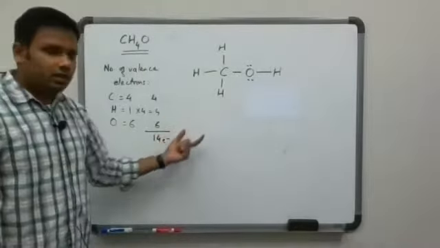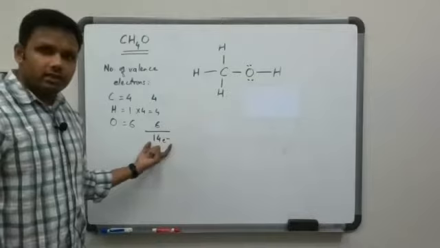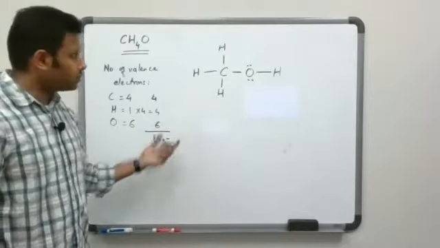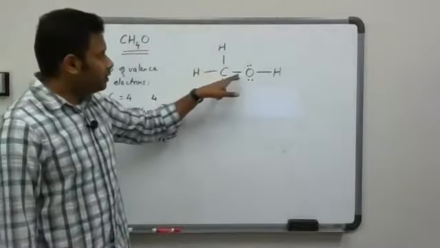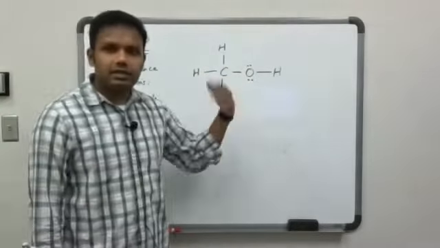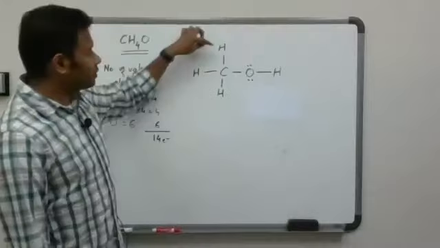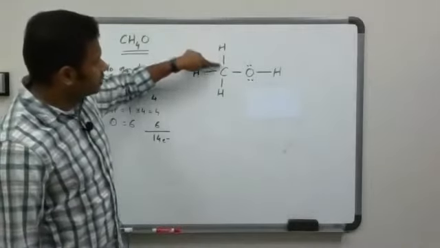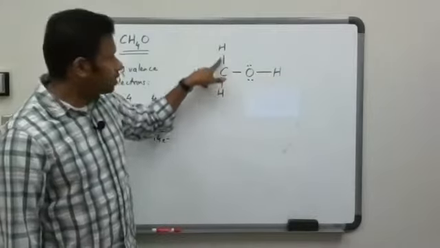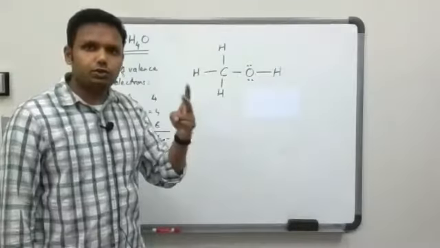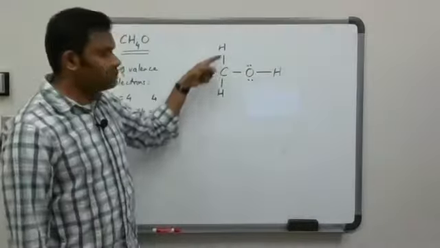What we have to do now is verify if this is a reasonable Lewis structure. That means, does it match the total number of valence electrons, plus we have to make sure that none of the atoms exceed an octet. If you look at the hydrogens first, each hydrogen has only 1 bond to it. Each bond, remember, is 2 electrons shared between carbon and hydrogen.